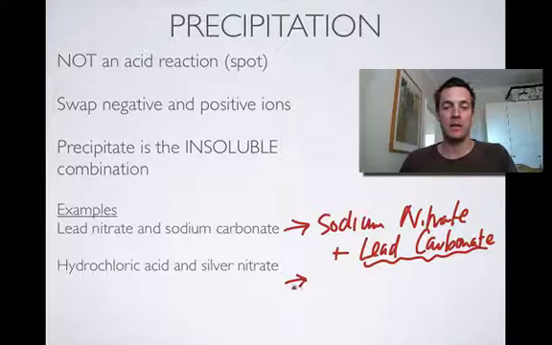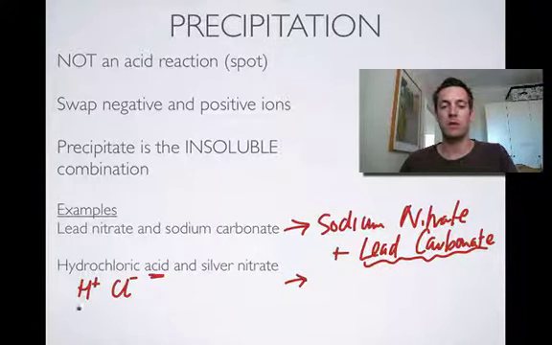Okay, here is an acid. I've deliberately put this in so we can see that acids can take part in precipitation reactions. How do we know it's going to be a precipitation reaction? Because we haven't got a metal or a metal oxide or a metal hydroxide or a metal carbonate or a hydrogen carbonate. So we haven't got one of those three groups of compounds that we just looked at. We do still have a positive and a negative ion here, H plus and Cl minus.